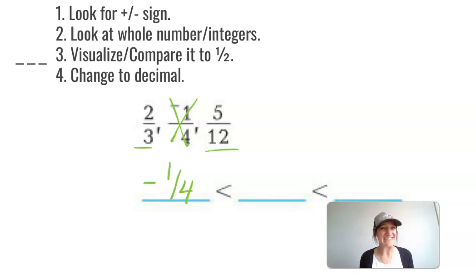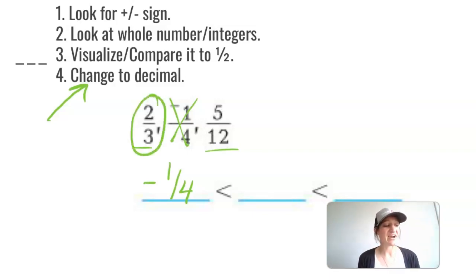When in doubt, like I am right now, if I can't really visualize what 5/12 looks like, then I'm just going to resort to changing them to decimals because that will always be very clear. I'll have it lined up. It'll be very clear to see which one's bigger than the other. Plus, I already know what 2/3 is, right? I know that 2/3 is 0.66 repeating.